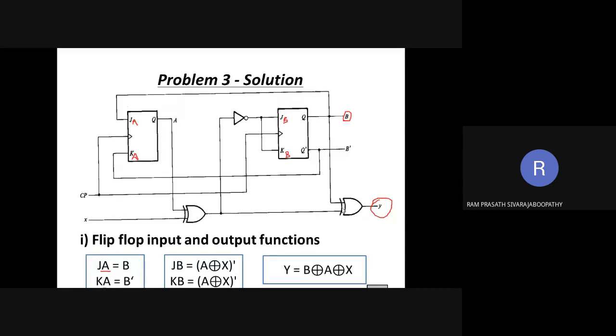Here we have two flip-flops, A and B. So the A flip-flop has two inputs, JA, KA, and we found their functions. Then the B flip-flop has two inputs, JB, KB, and we found their input functions too. Then we have output Y, and we found its function also.